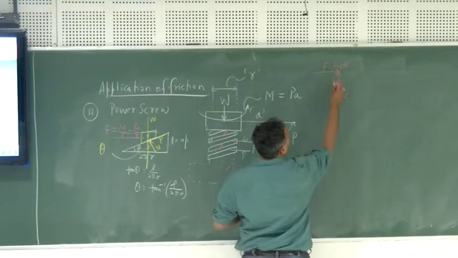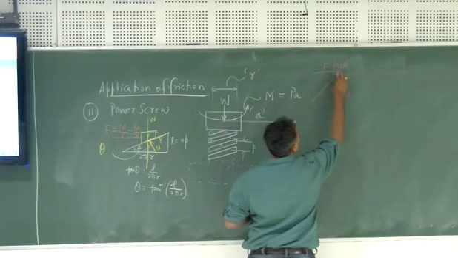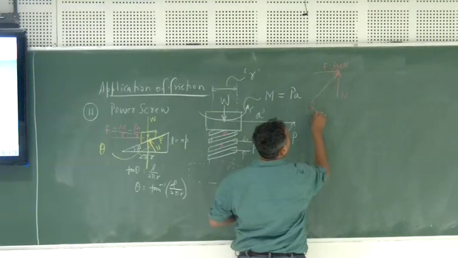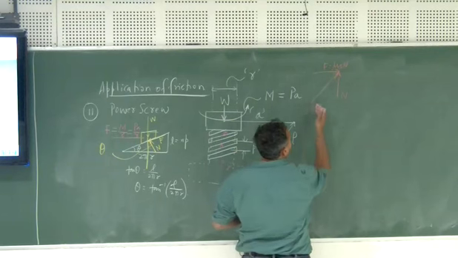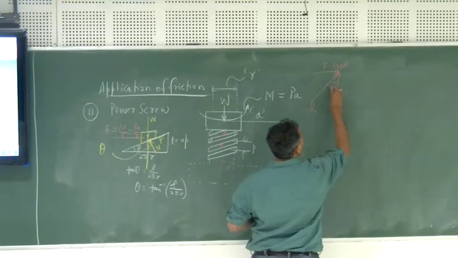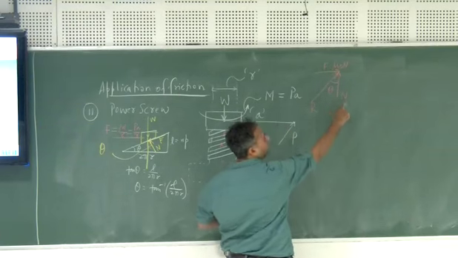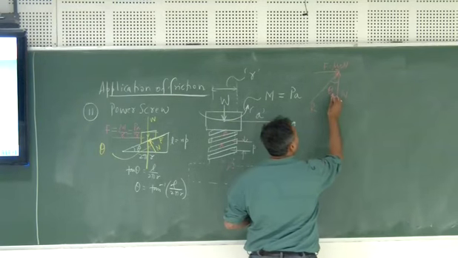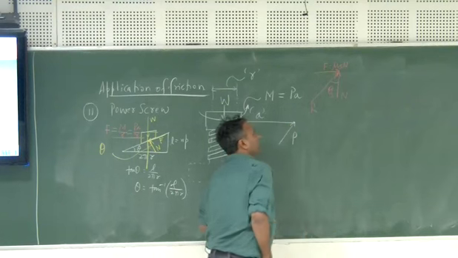The resultant of these forces can be written as R, and you will find that this is the angle theta s that it makes with the normal, which is mu s.